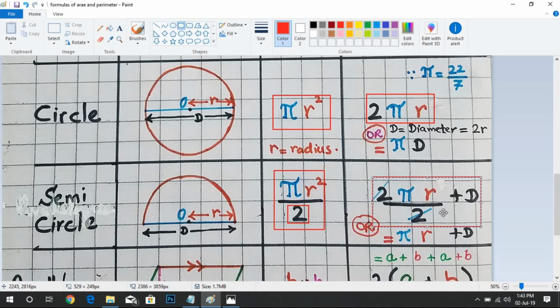We add d to this formula to find the perimeter of a semicircle. The 2 cancels with this 2. We get pi r plus d, the formula for the perimeter of a semicircle.